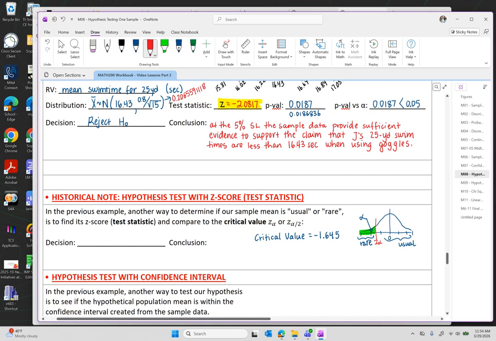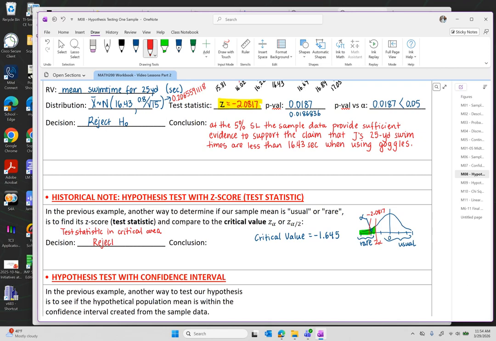We found a z-score that was negative 2.0817. This is in the critical area, so the decision will be, because we have a test statistic in the critical area, then we have enough evidence to reject the null hypothesis.